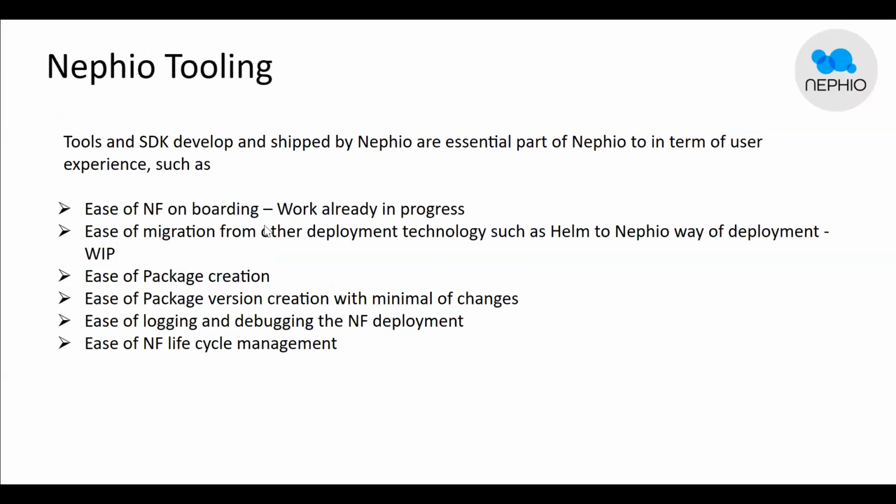Thank you, Sandeep, for putting this together. Maybe some of this may end up being requirements for the other projects such as Porch and KPT, right? Such as ease of package creation. That's a cross-cutting concern, not specific only to a network function, but general. For example, ease of package creation, ease of package version creation with minimal changes.